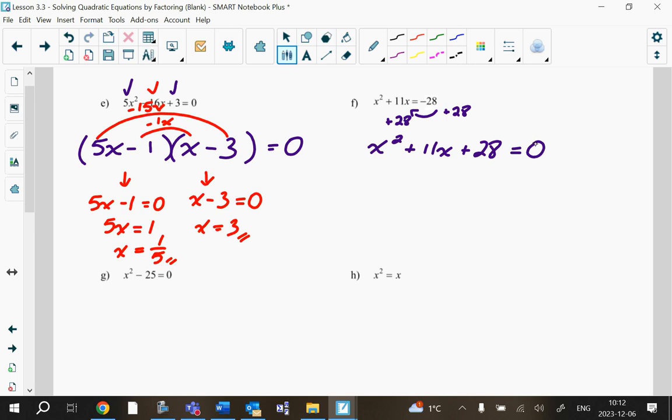It's an x squared trinomial. Which means we know it's x and x, and we're looking for numbers that add up to 11, but multiply to 28. And those would be?